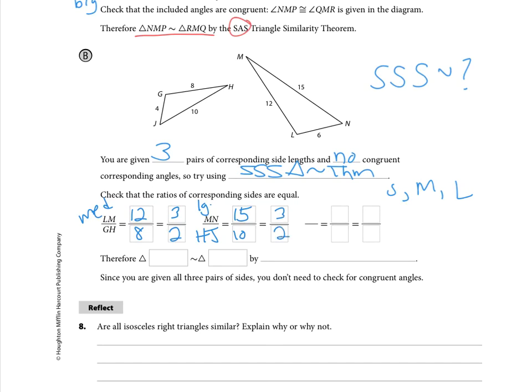How about that? Then we're going to look at the third pair of sides, which is our small sides, and the small sides in each triangle. Again, we're looking though from the right triangle to the left is how we've been setting up our ratio each time. So the right triangle's smallest side is LN, and the left triangle's smallest side is GJ, which is a ratio of 6 to 4, which is also 3/2.